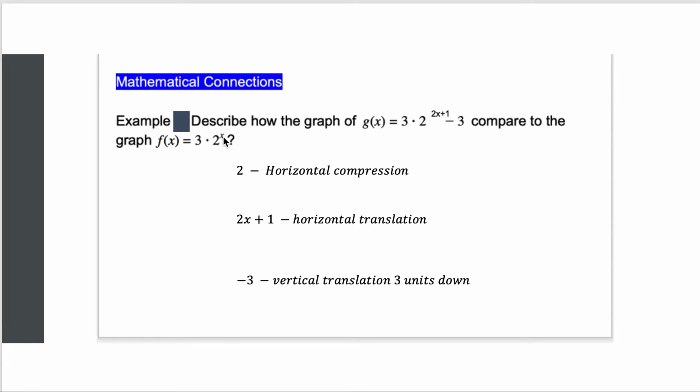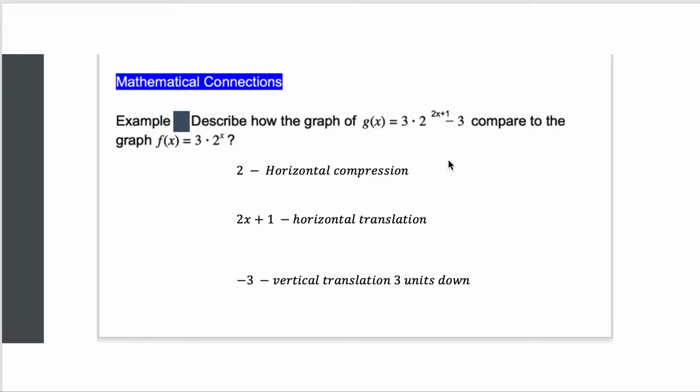So now here is just x, but here we have 2x plus 1. And because we have a positive 1 here, 2x plus 1, it means that the graph of the function f of x is going to translate horizontally at least for 1 unit.